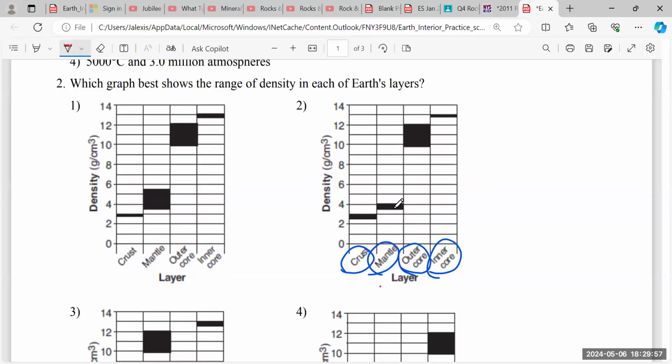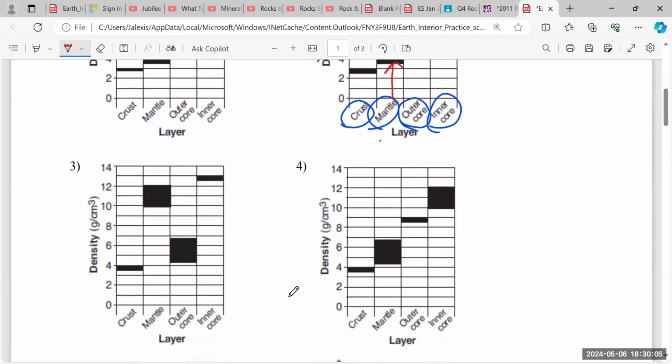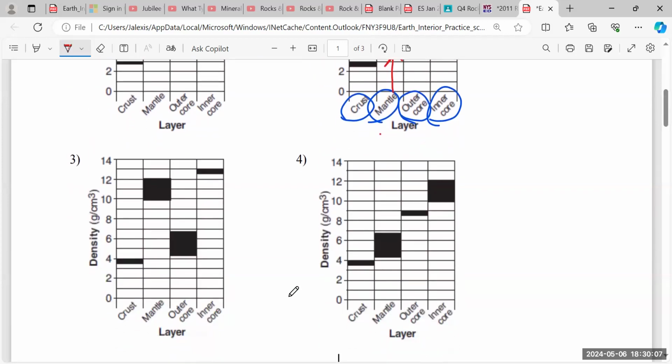Looking here, the mantle is definitely not 3.4 to 5.6. It stops at 4. It can't be 2. When I look at 3, the mantle shows me a range of 10 to 12. It can't be 3 because I'm looking just at the mantle. And then number 4, I do see 3 point, no, I actually don't.